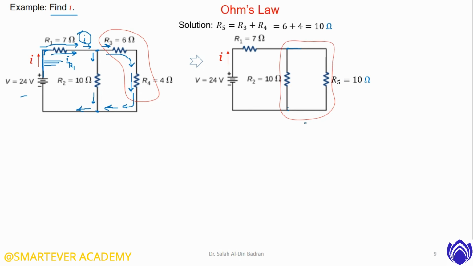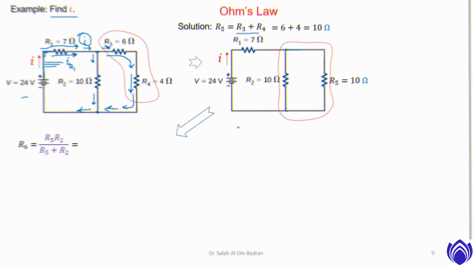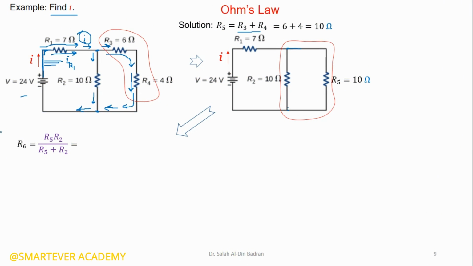This will simplify viewing the new architecture of the new circuit. We can see R2 and R5. The equivalent of the two resistors connected in parallel is the multiplication of both resistors over the summation of both of them. The result in value is 5 ohm.